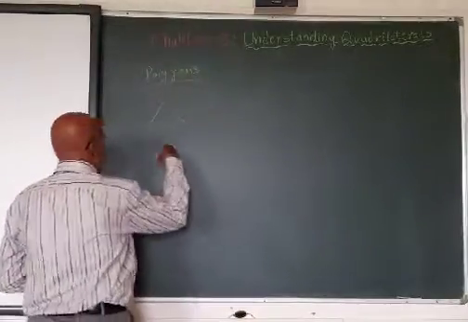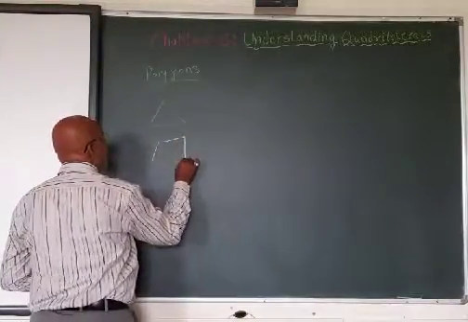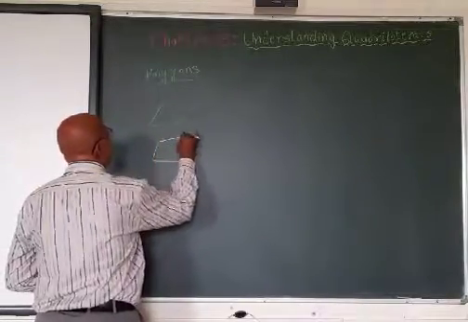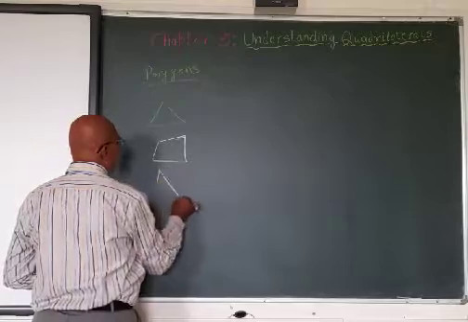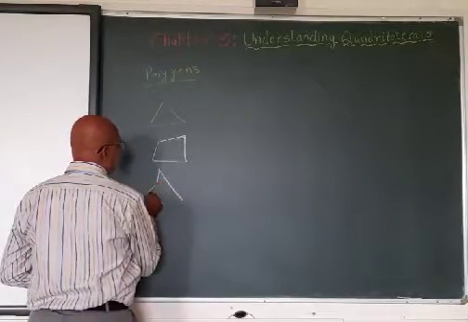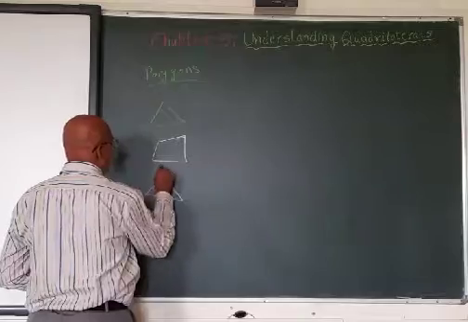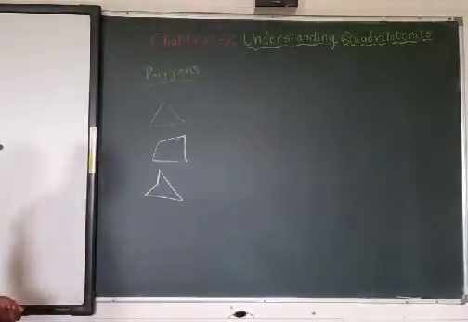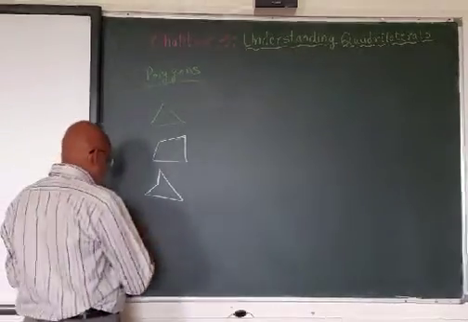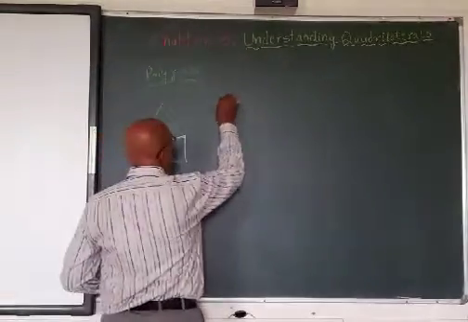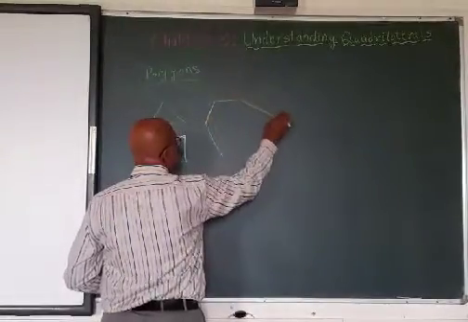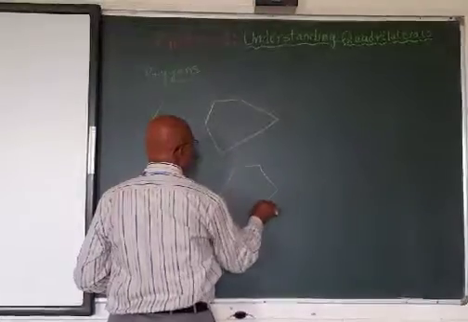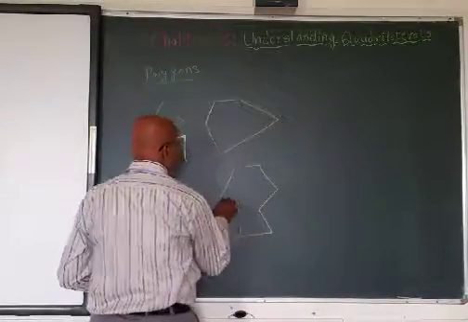Okay, so it is a polygon, 4 sides. Now, if I say this is also a polygon, it will have 4 sides. This is also a polygon with 4 sides. Now, one more, say 5 sides. This is a polygon. Again, this is a polygon.